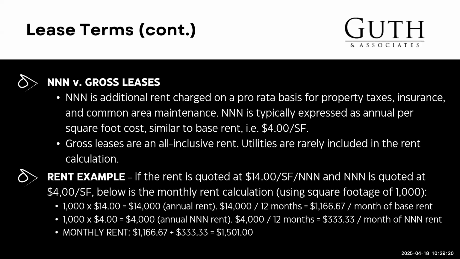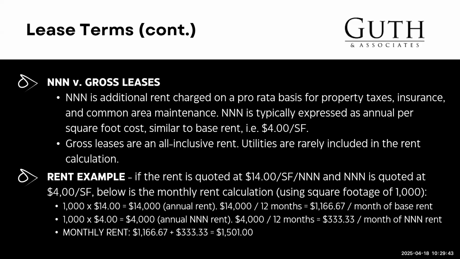Triple net is an additional rent charge that is charged on a pro rata basis, meaning based on the square footage you have, for the property taxes, the building insurance, and common area maintenance, which we just talked about. This is an additional charge to the base rent.